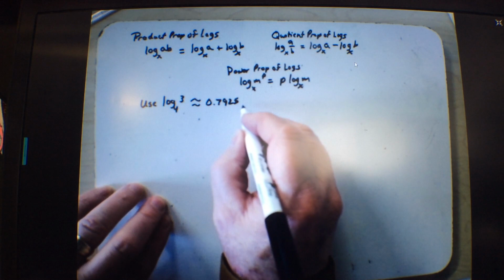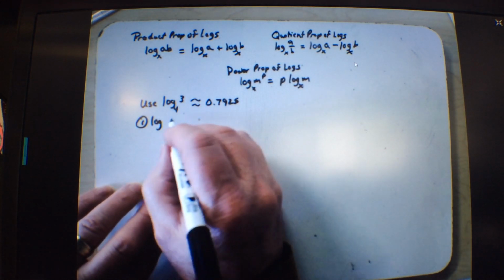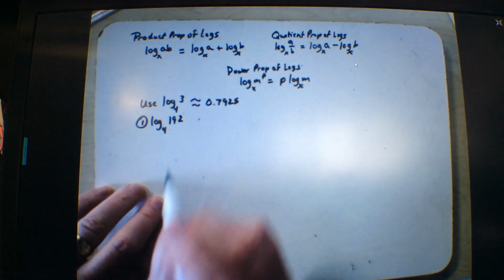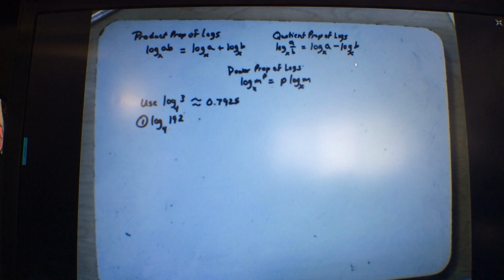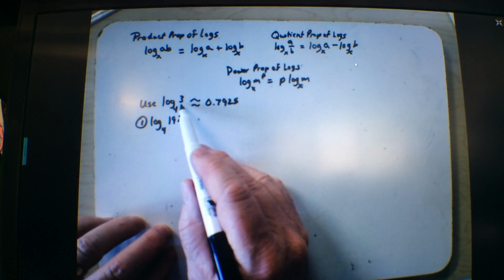And the first one we're going to do is number 1, the log of 192 base 4. So what we want to do is find out what the log of 192 base 4 is based on this information right here. So we got to use a 3.